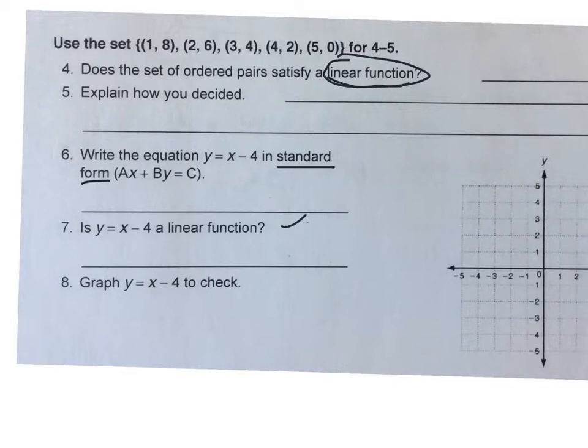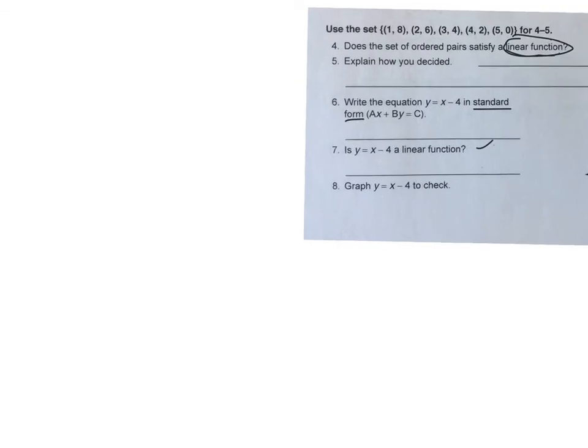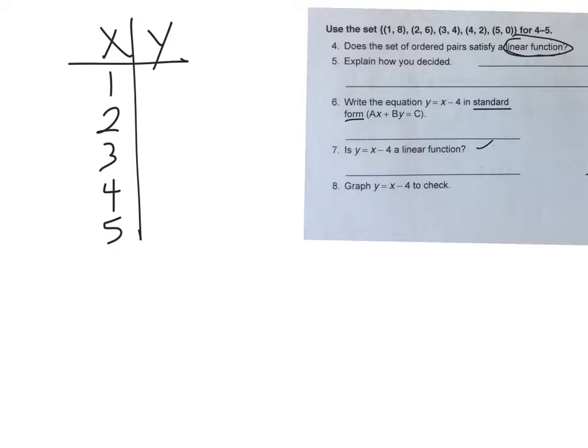Okay, so first let's look at the coordinate points. So let me bring these over here, and I'm going to make a little t-chart. So x is 1, 2, 3, 4, 5, and y is 8, 6, 4, 2, and 0. Let's check the slopes.